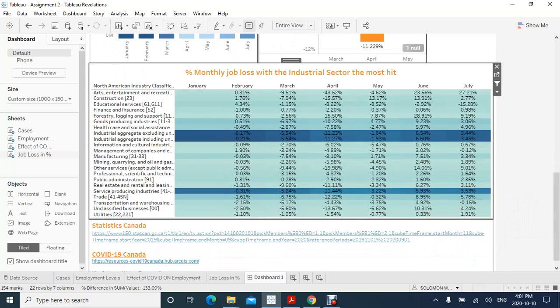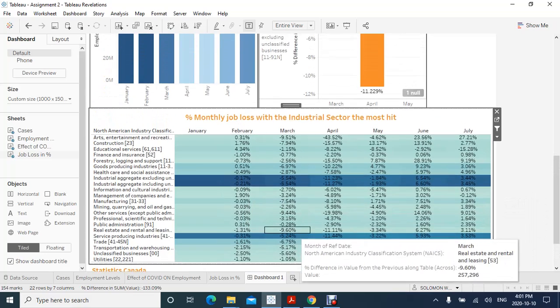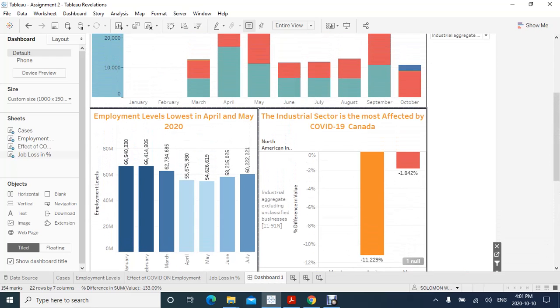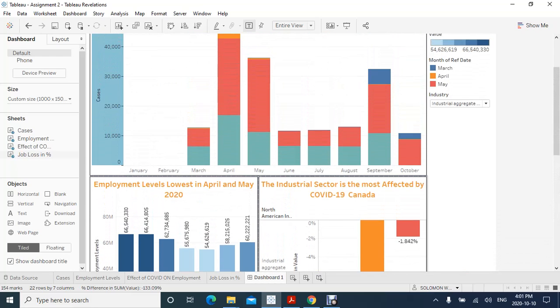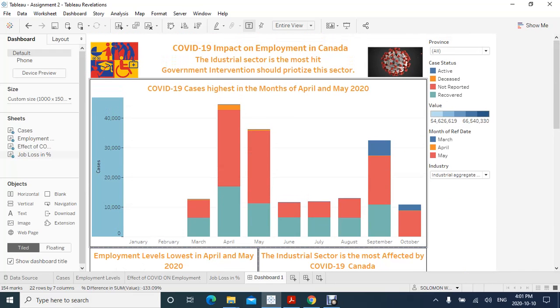And so this goes to show that since the government wants to provide funds and intervention in various sectors of the economy in order to keep the economy growing and stable, the industrial sector should be prioritized by the government.